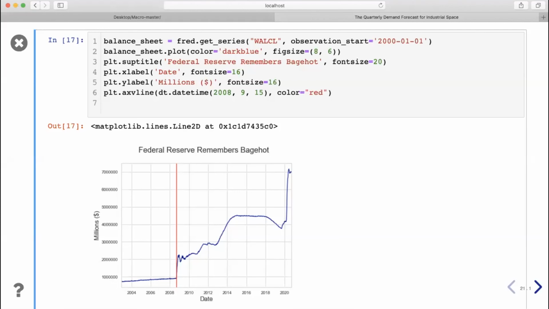This is a measure of the Federal Reserve's balance sheet going back to 2000. Prior to the global financial crisis, the Fed's balance sheet simply reflected its holdings of short-term US debt that it used to buy or sell in order to influence short-term interest rates and arguably long-term interest rates.